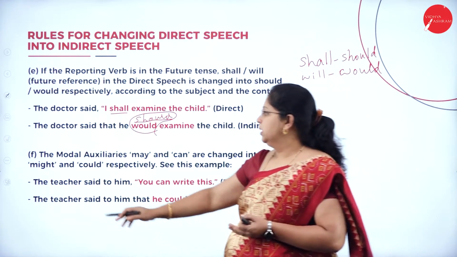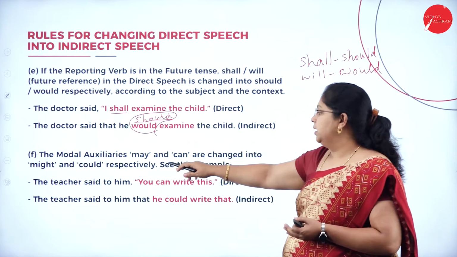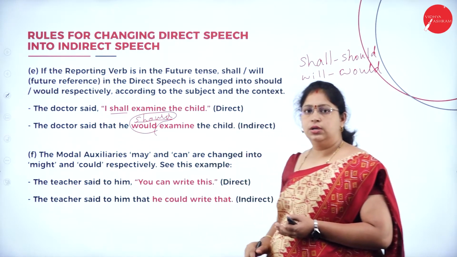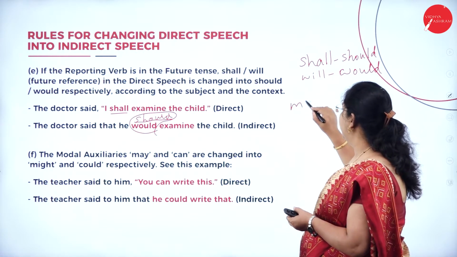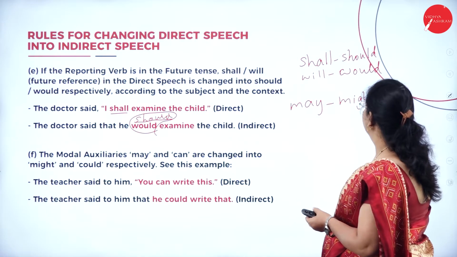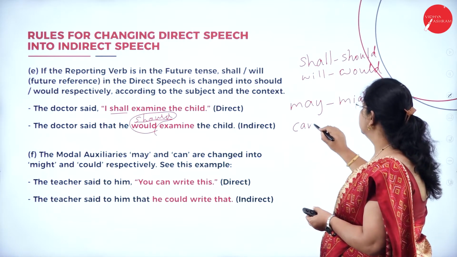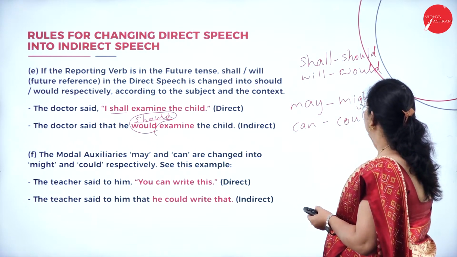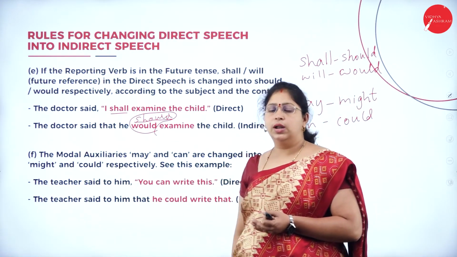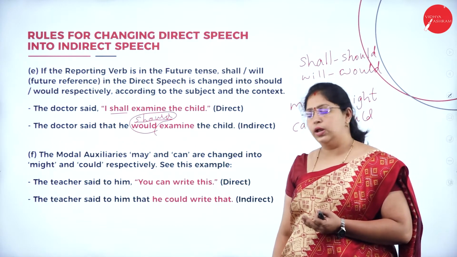Then the modal auxiliaries may and can are changed into might and could. So the past tense of may is might, and the past tense of can is could. These are called modal auxiliaries, or modals.